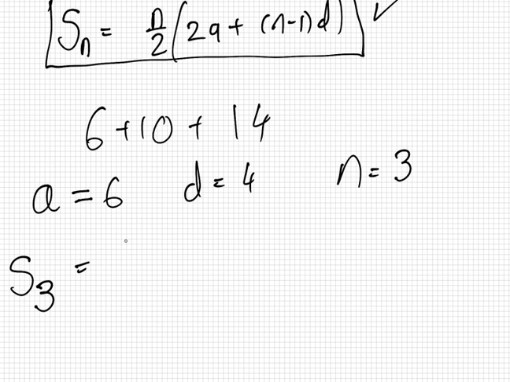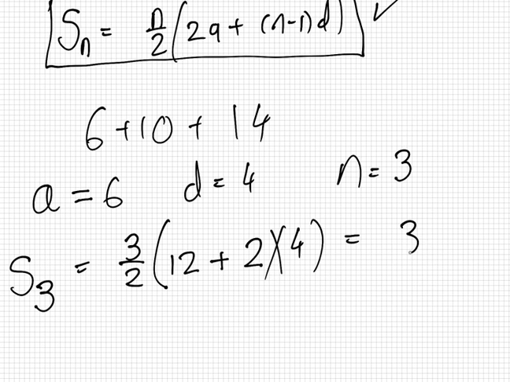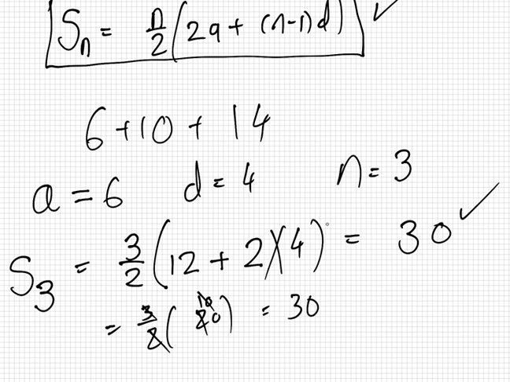N over 2, 3 over 2, 2A plus N minus 1, 2, times 4. And that will be 30. Because it'll be 3 over 2, and then that's 20. I can see 2 goes into that to make it 10, and then 3 times 10, that is 30. Okay, so it is 30.